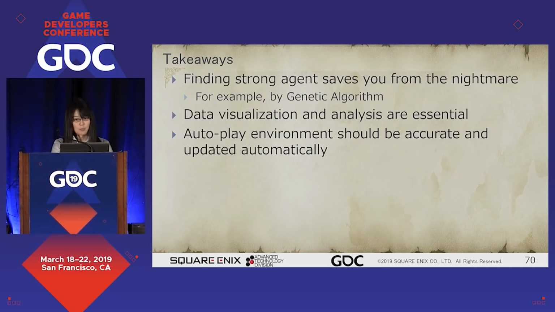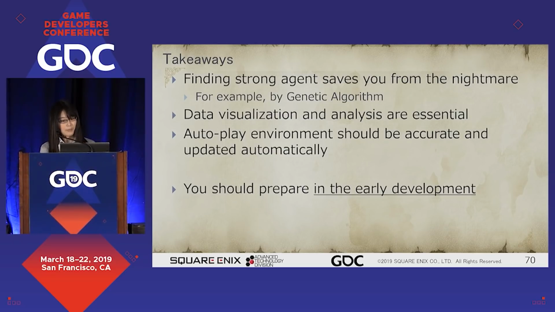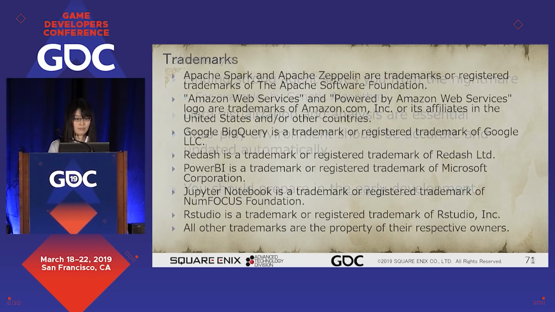The most important point is preparing them early in the development. Are you busy with the game development? Even if you're too busy now, it's most effective for the budget and the development of your game.